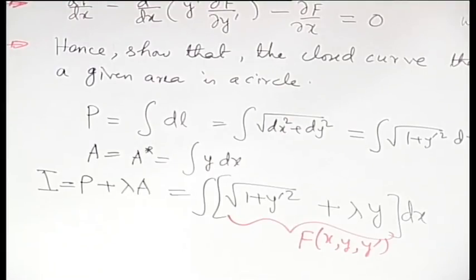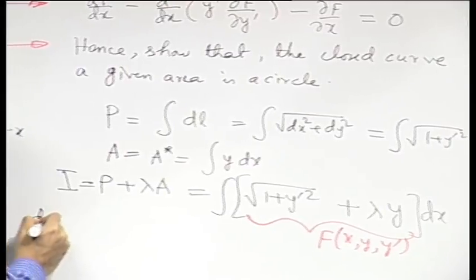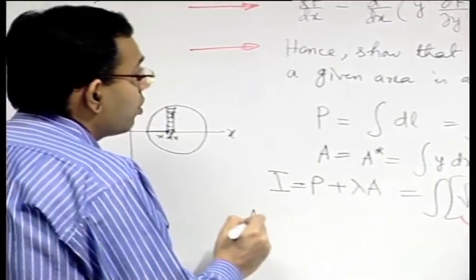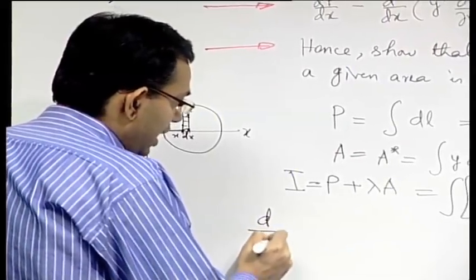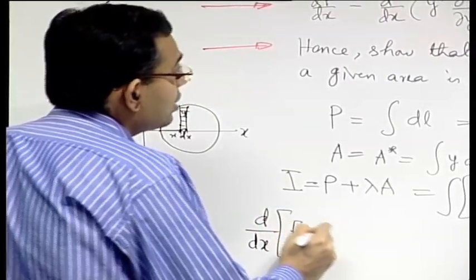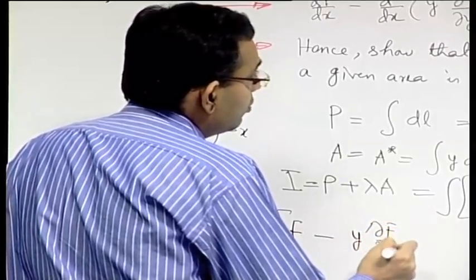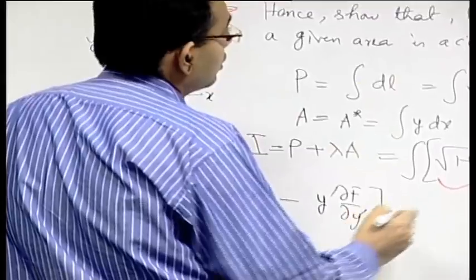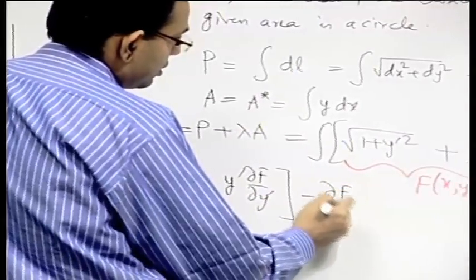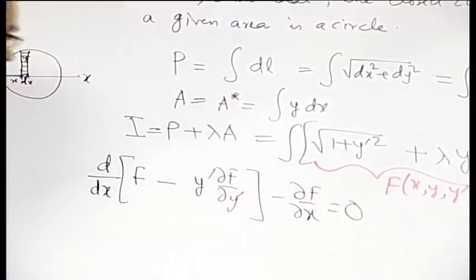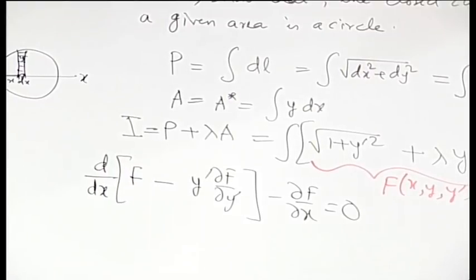Now let us try to apply the alternative form of the Euler Lagrange equation. So what is df dx? So we have in this alternative form d/dx of f minus y dash del f del y dash minus del f del x equal to 0. df dx is not 0.